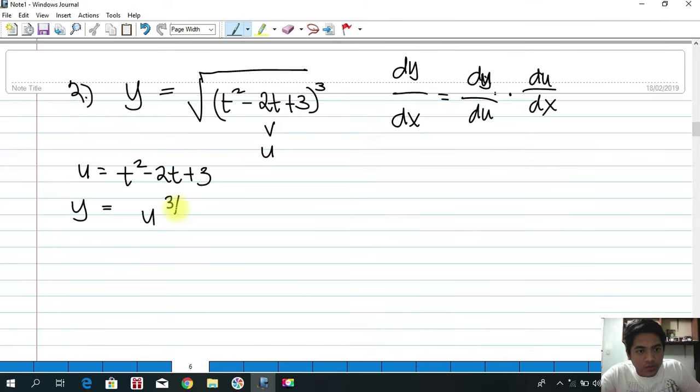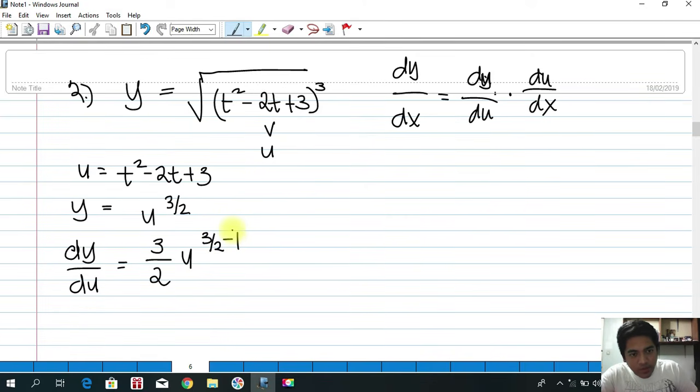So this is u raised to 3 halves. We can get the derivative of y with respect to u because we need that according to our formula. This is simply the power formula: 3 halves times u raised to 3 halves minus 1.